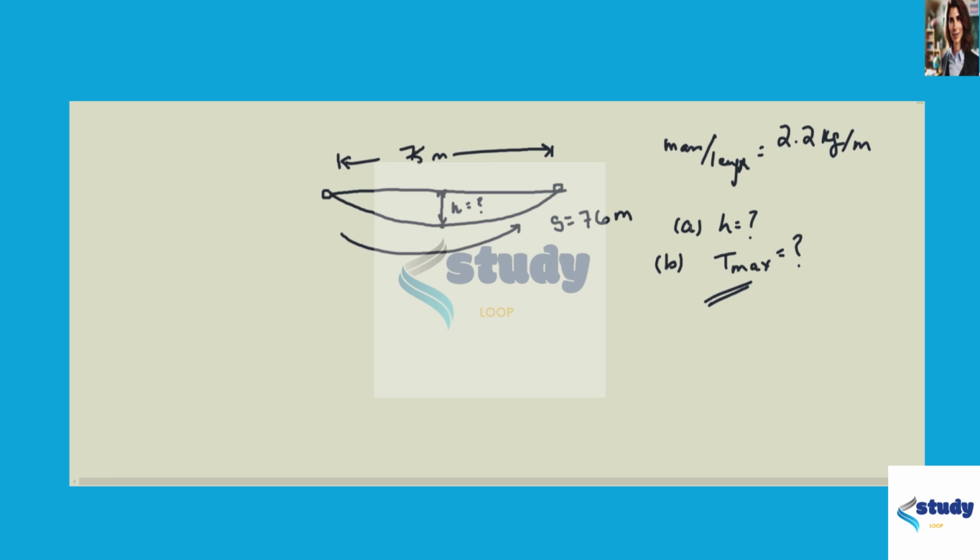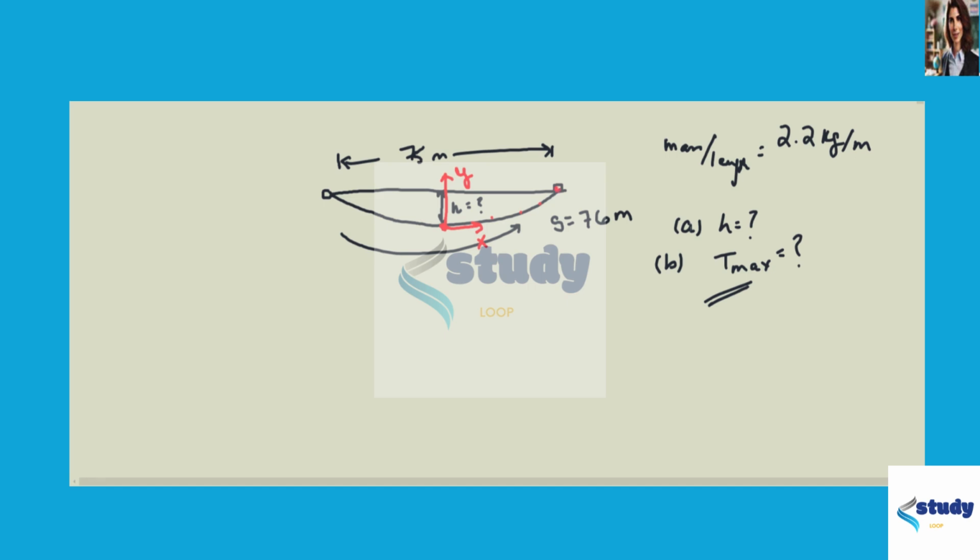So we know that if we take this point as the origin, the lowest point in the cable, and make a xy coordinate axis right here, a rectangular coordinate axis, then at any part of this cable we can find the length of the cable from this origin to that part.